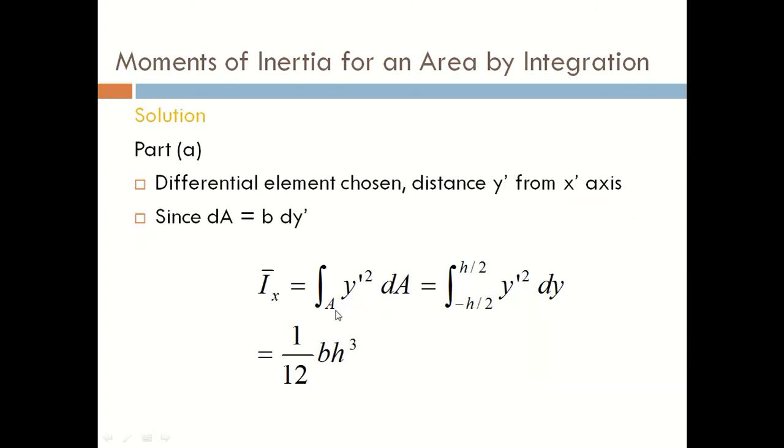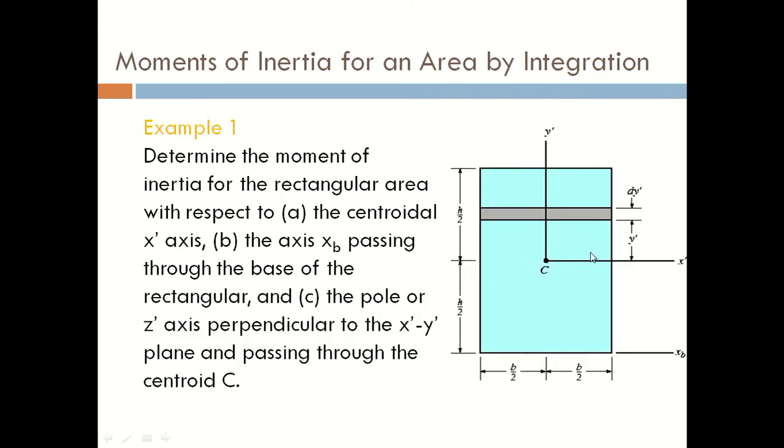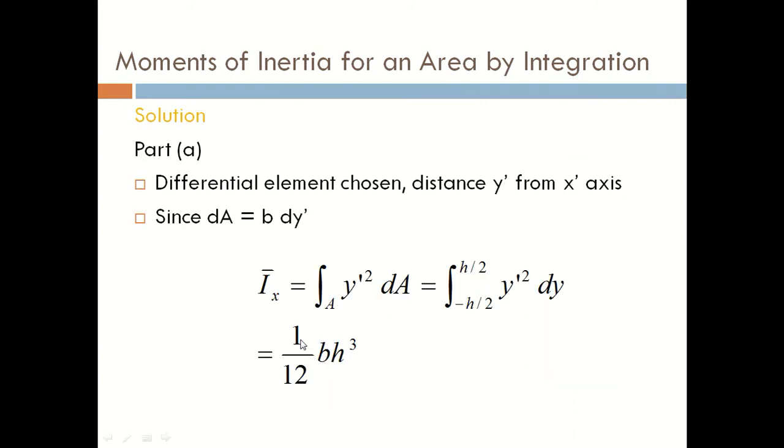So we integrate for the total lamina y dash square multiplied by dA, where the integration ranges from minus h by 2 to h by 2. So this is the limit, y dash square dy. If you solve this, we get the moment of inertia of the rectangle about this central axis as b h cube divided by 12.